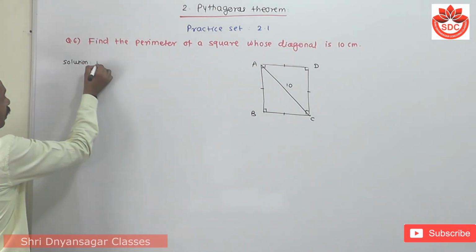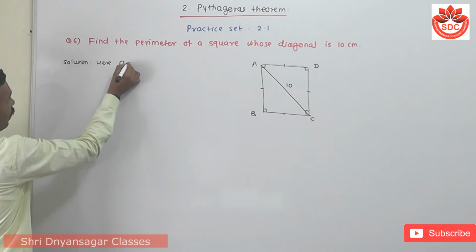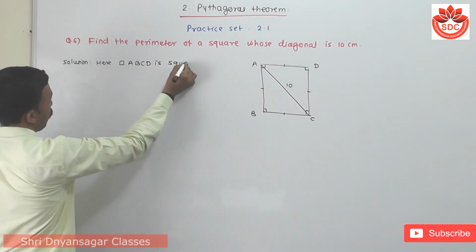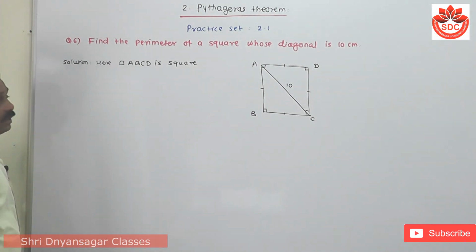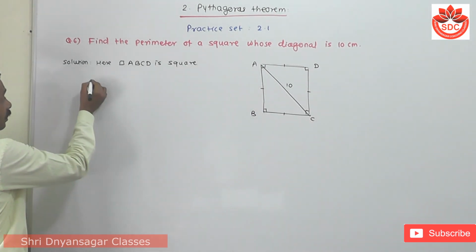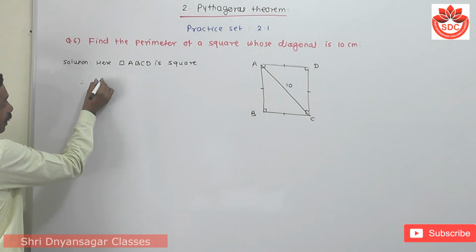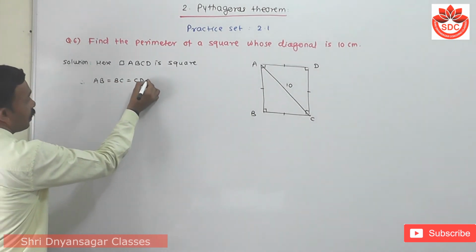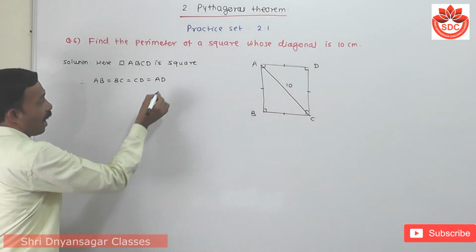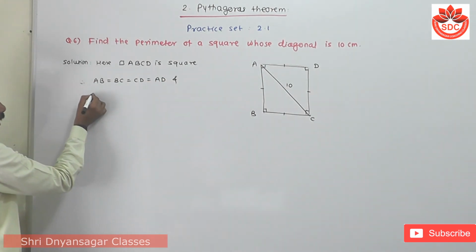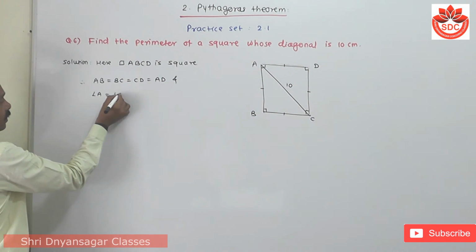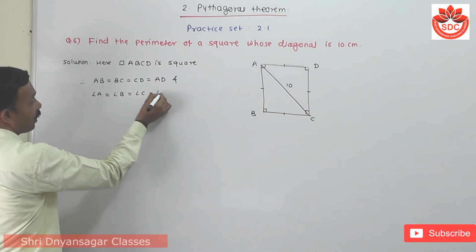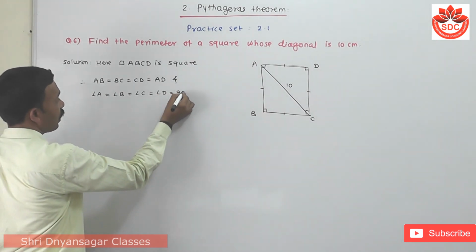Here we take quadrilateral ABCD is a square. Then all of you know the property of the square. Therefore, AB is equal to BC is equal to CD is equal to AD, and each angle is a right angle, meaning angle A is equal to angle B is equal to angle C is equal to angle D is equal to 90 degrees.